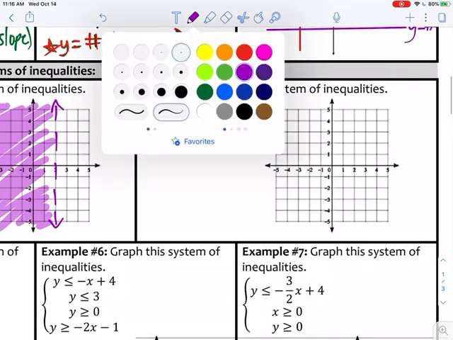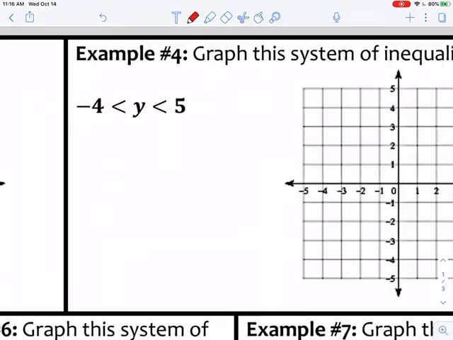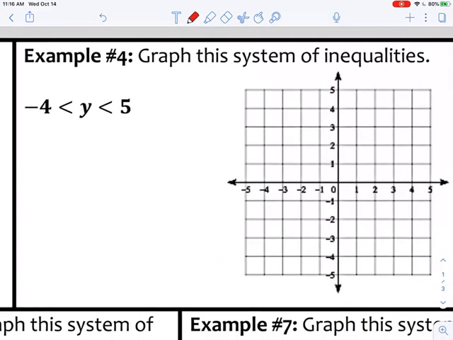All right, and let's check this one out. Change the color just for fun. Red's my fave. All right, so y's. So we're dealing with horizontal here because this is all about the y. So I've got my lower boundary and my upper boundary. Notice they are both just less thans, okay? So no or equal to, so we're going to be dealing with a dashed line on both.